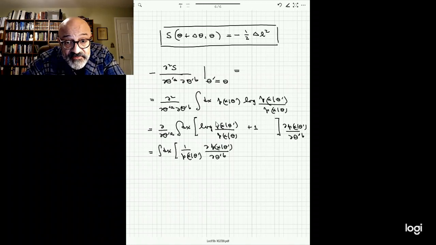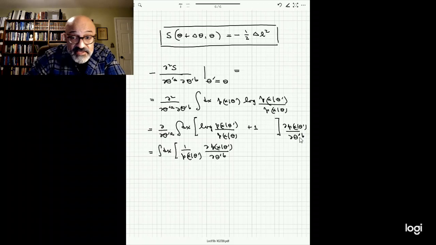That's the derivative of this piece. The derivative of the log p x theta is 0 because this is theta prime. There is no theta prime there. So this is the derivative of this guy. The derivative of 1 is 0. So then we have just this other piece here.